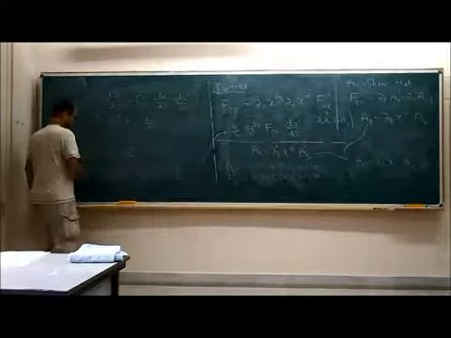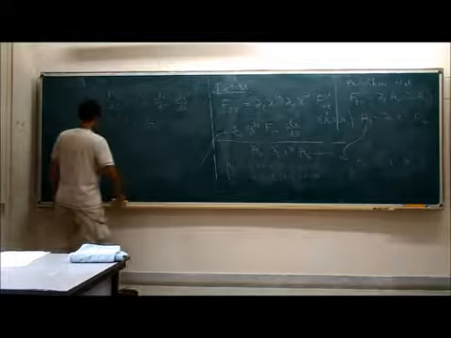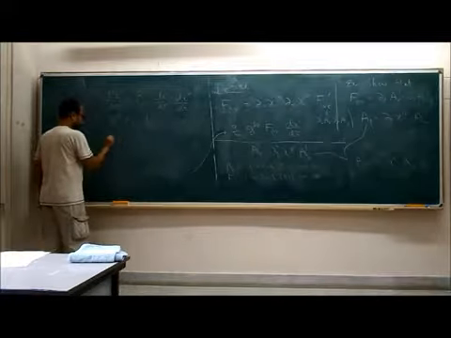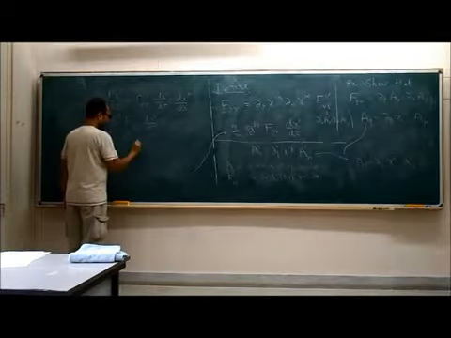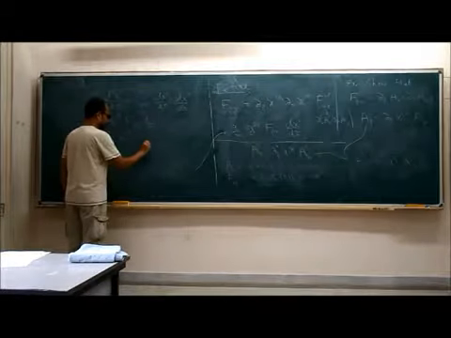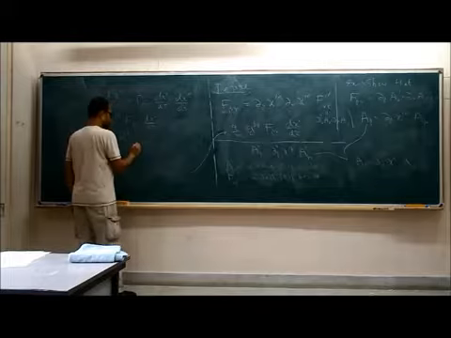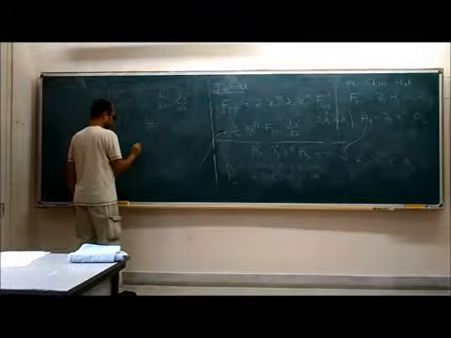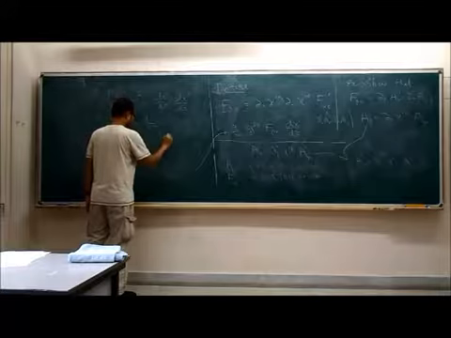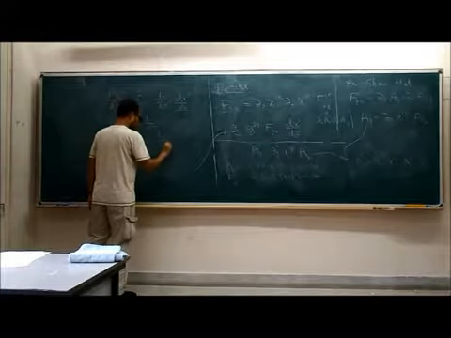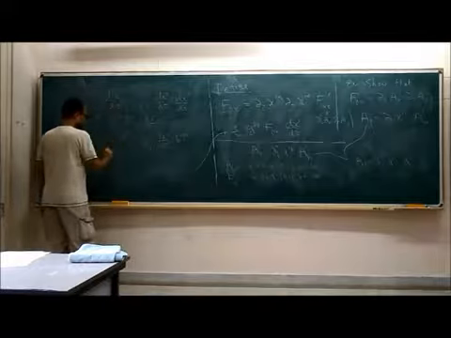For example, we can add to this a term like this: Q over M R delta gamma gamma, with some arbitrary coefficient here A.